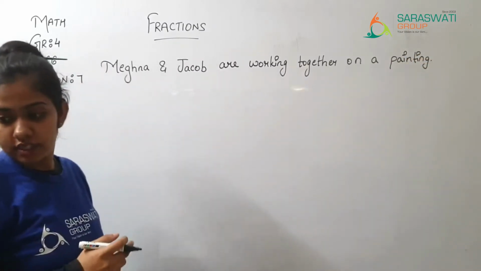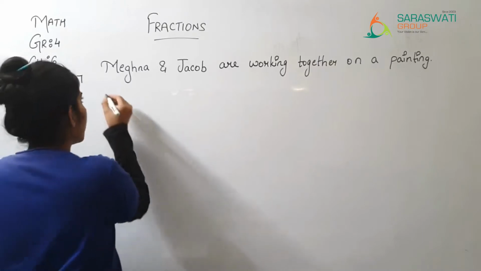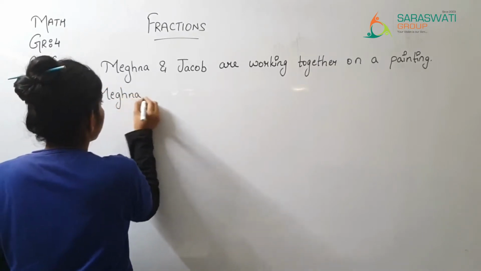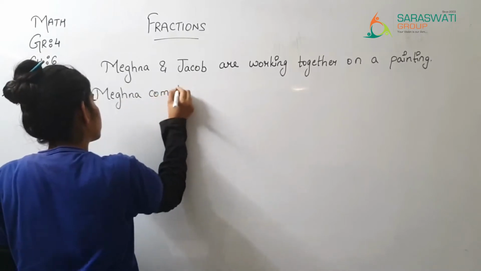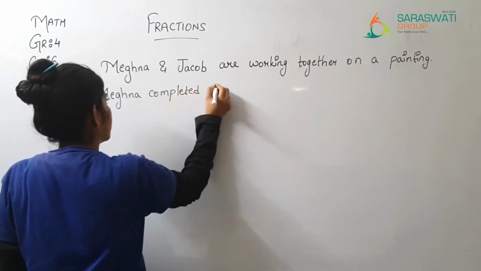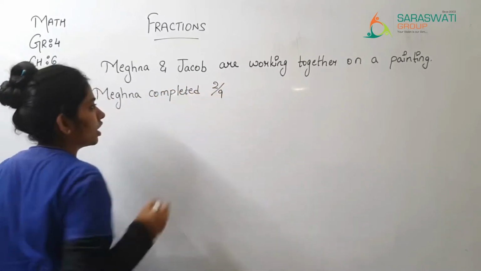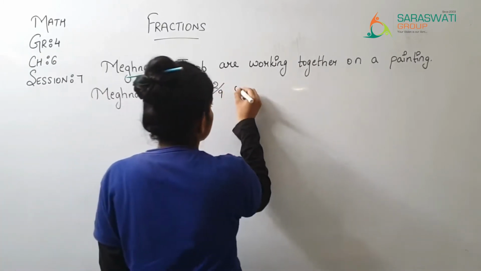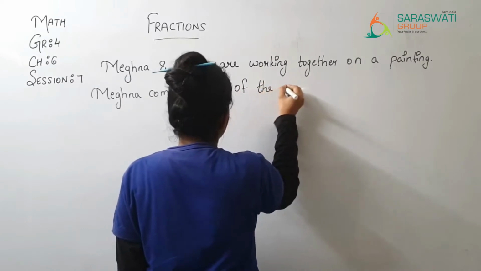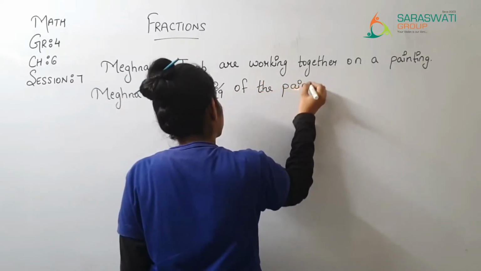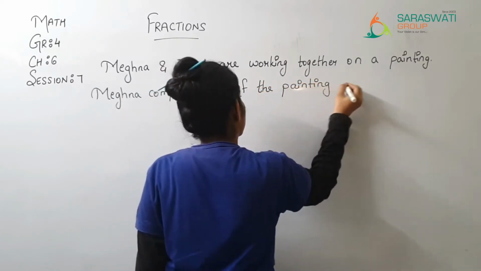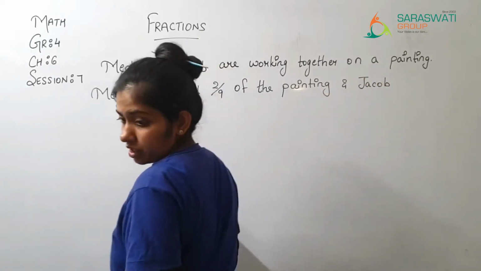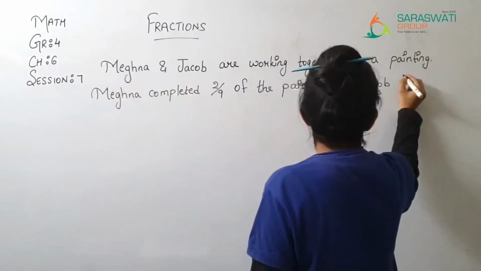Then afterwards, Meghna completed 2/9 of the painting and Jacob 5/9.